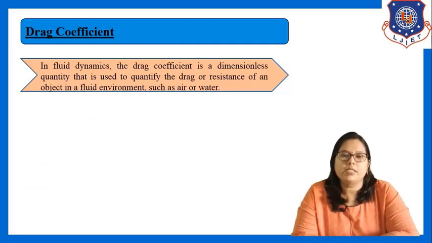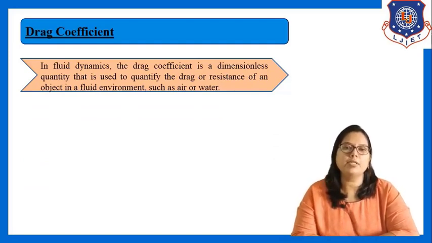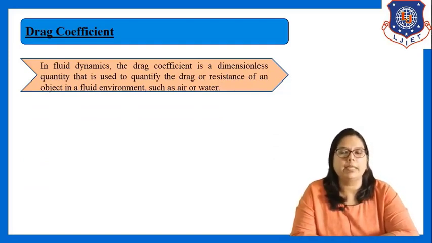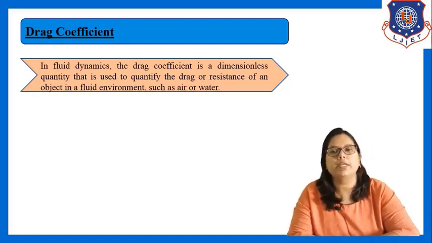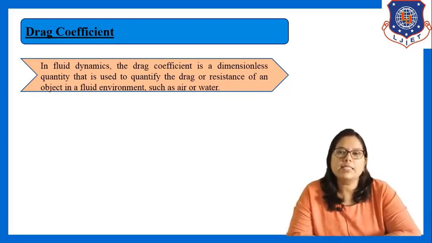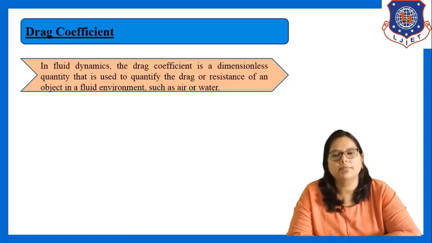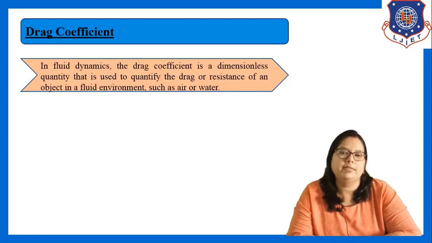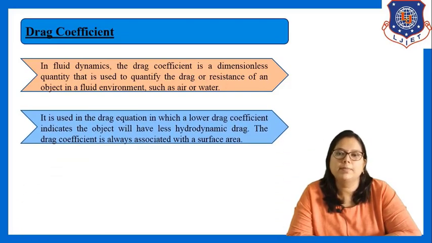In fluid dynamics, the drag coefficient is a dimensionless quantity that is used to quantify the drag or resistance of an object in a fluid environment such as air or water.